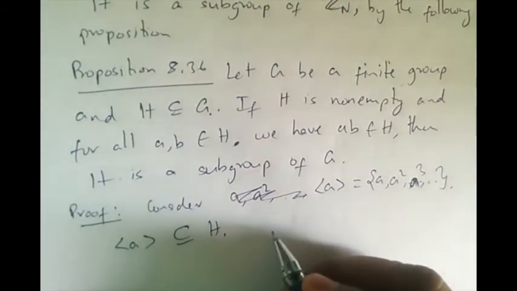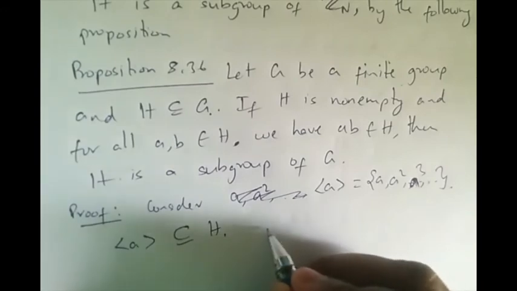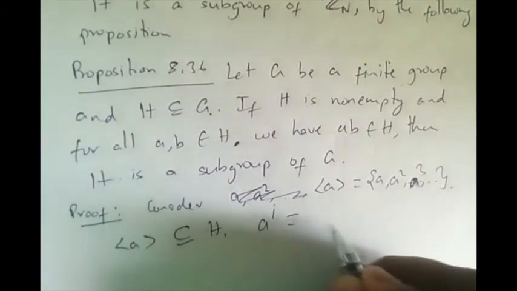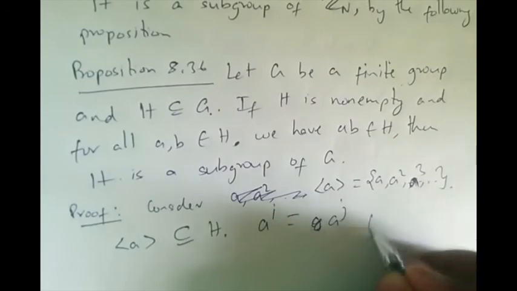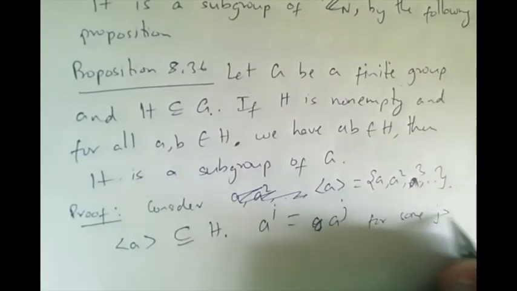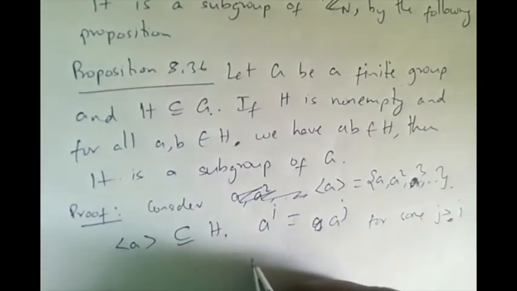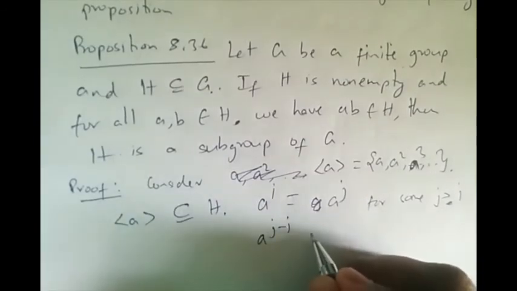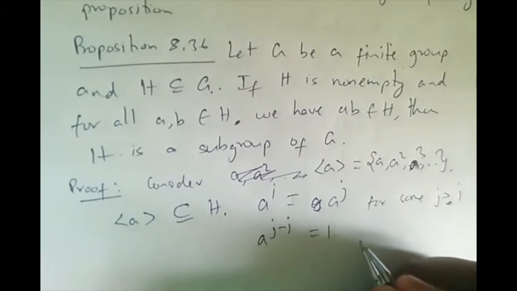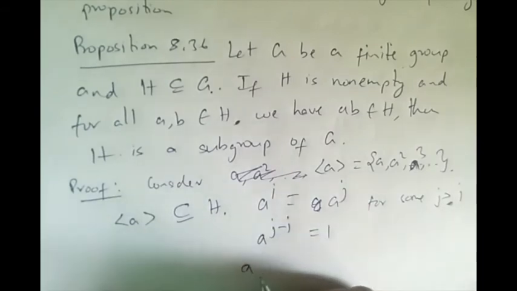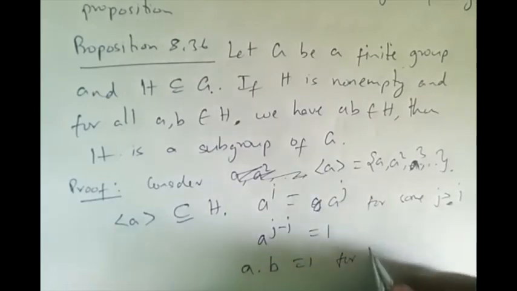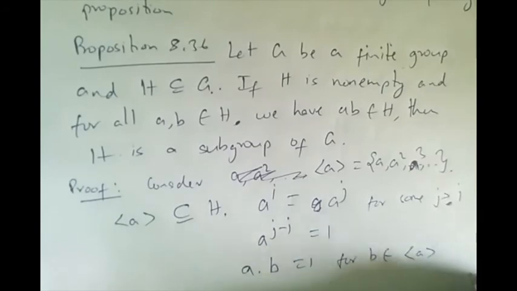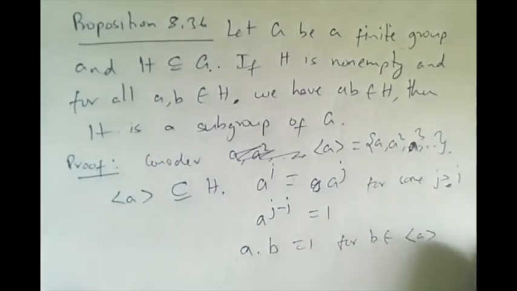When the sequence repeats, we can show that A raised to I is A raised to J for some J greater than I. So A raised to J minus I equals 1. We did a similar argument when we discussed cyclic groups, so I will not repeat it.